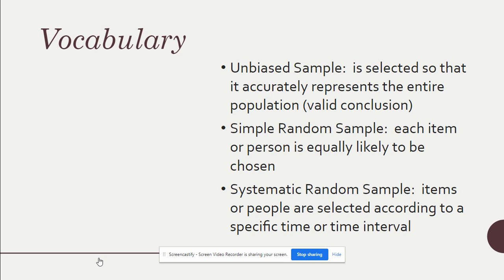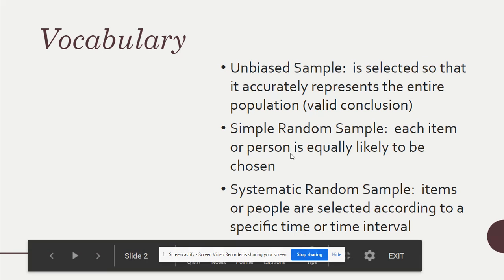That would be a biased sample because you'd be neglecting the female population. So systematic is you're choosing by a certain time interval or a certain number of people pass through before you survey them. So these are both examples of unbiased samples. Those are good things when that happens.